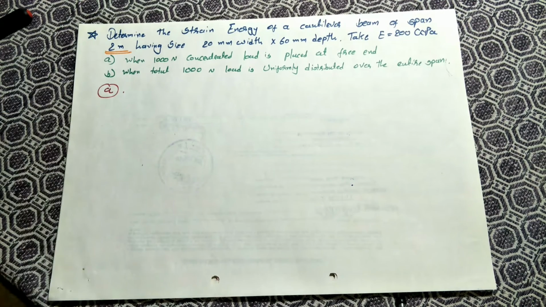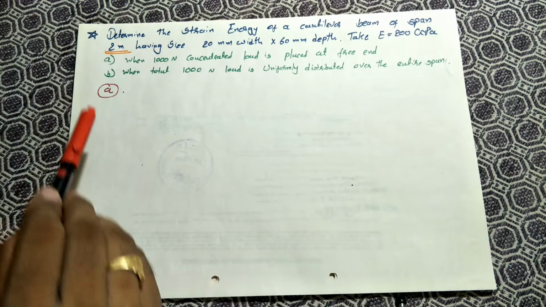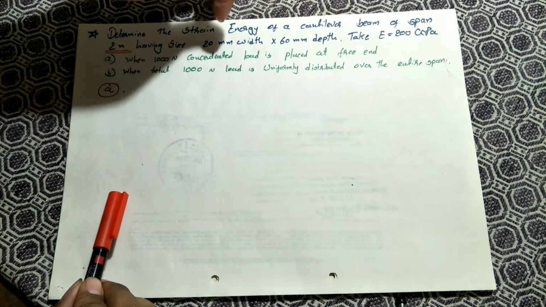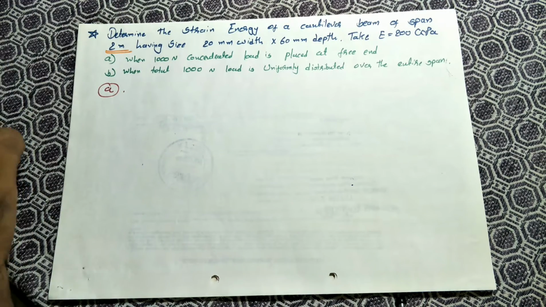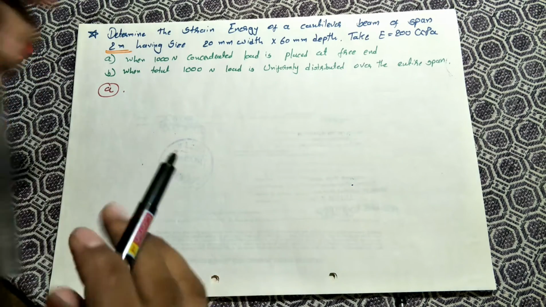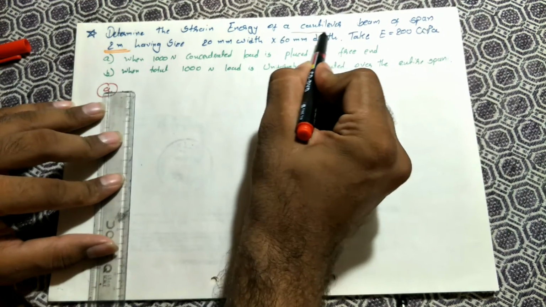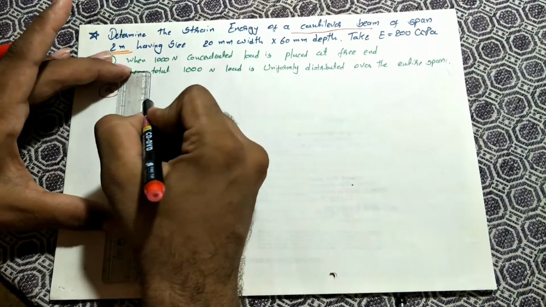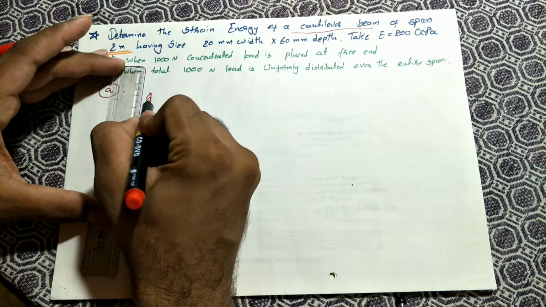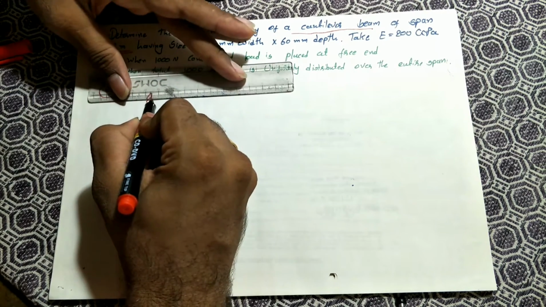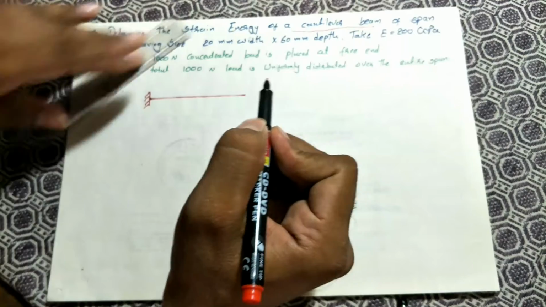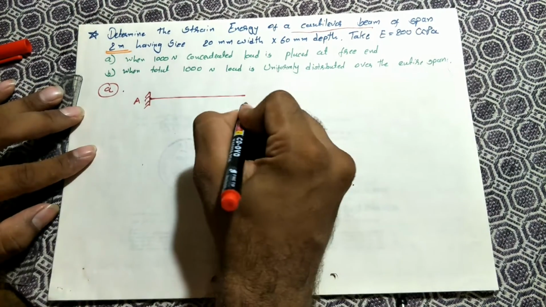So for case A, let us try to draw a figure. When 1000 Newton concentrated load is placed at free end, we draw a figure for a cantilever beam. Let us take it as AB.